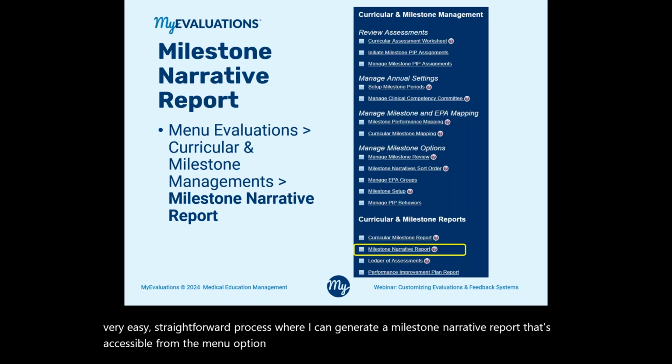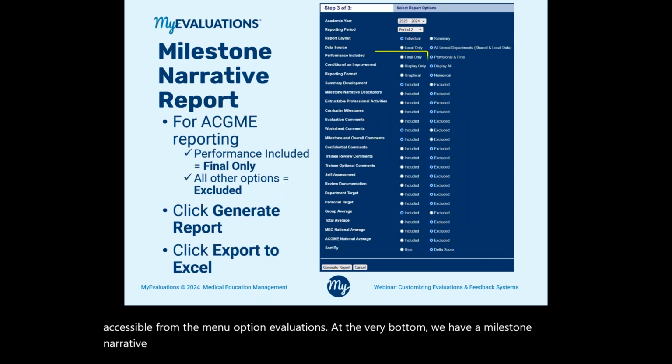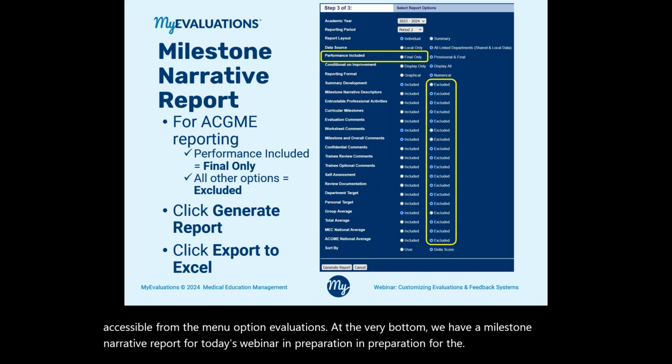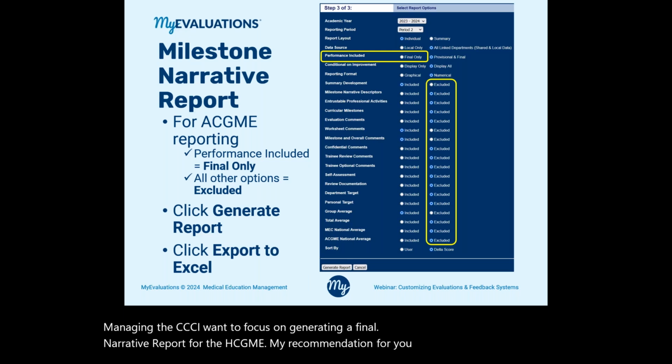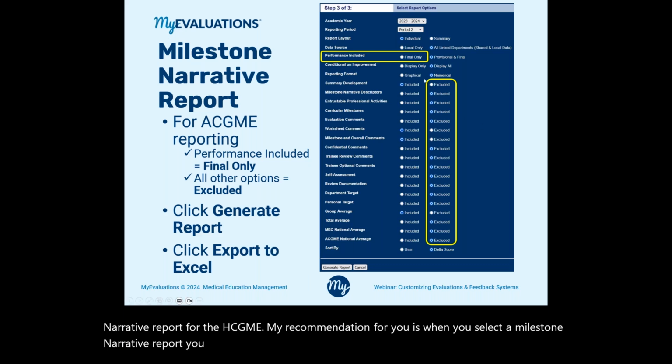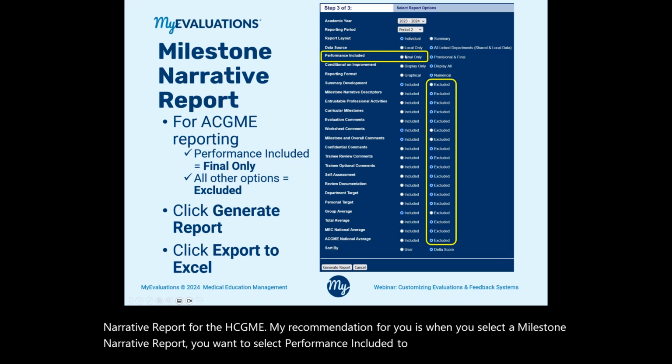At the very bottom, we have a milestone narrative report. For today's webinar, in preparation for managing the CCC, I want to focus on generating a final narrative report for the ACGME. My recommendation is when you select the milestone narrative report, you want to select performance included to be final only.